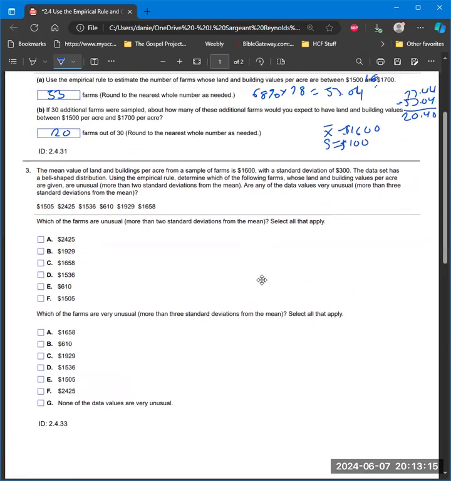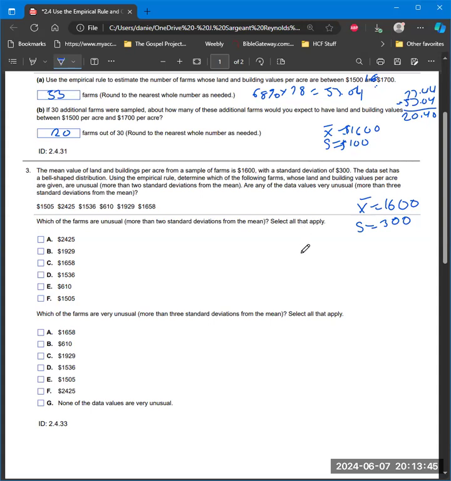The mean value of land and buildings per acre of a sample of farms is 1,600 with a standard deviation of 300. The data set is bell-shaped. Use the empirical rule to determine which of the following farms, whose land and building values per acre are given, are unusual. Unusual here means more than 2 standard deviations from the mean.